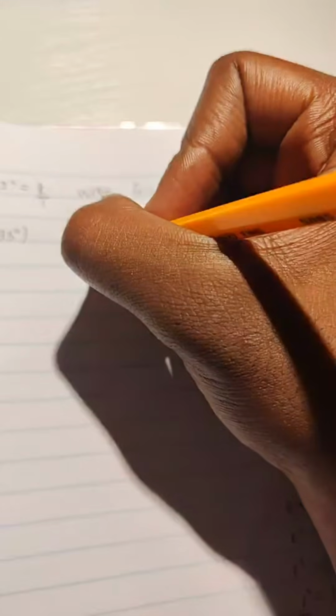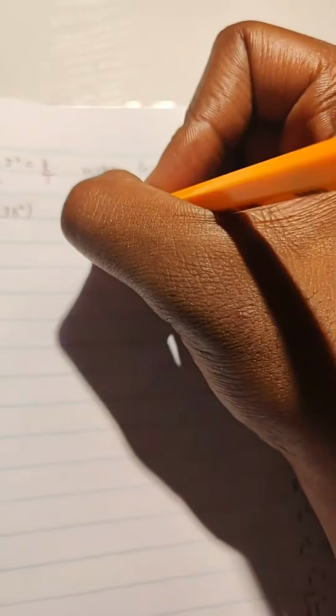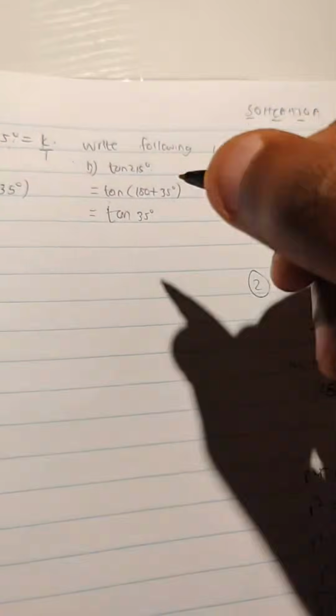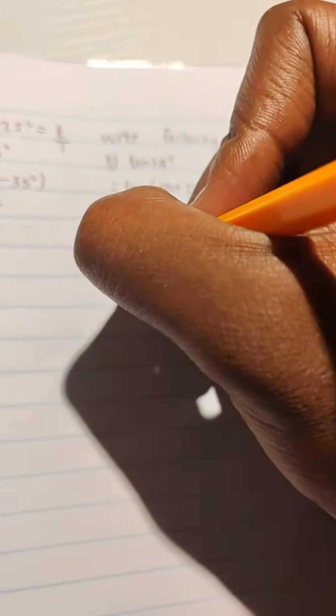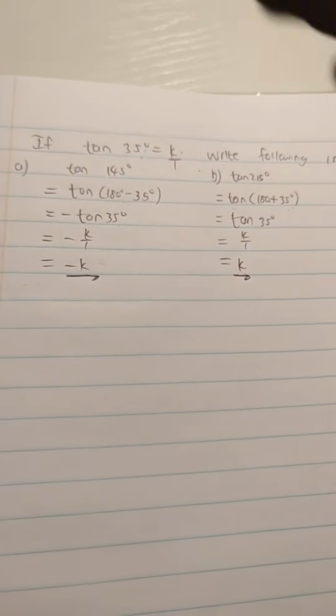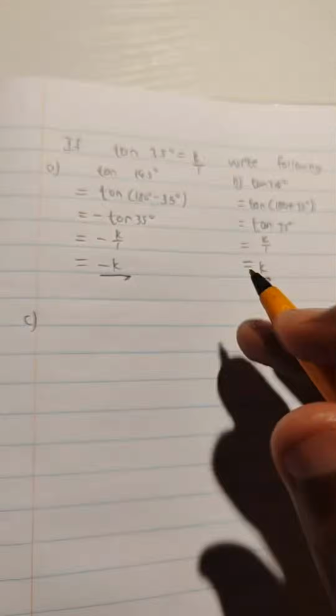So what do we say here? 180 plus is in the third quadrant. How is tan? Tan is positive. So we say tan 35, that is k over 1, positive, which is equal to k. Okay, not a problem.